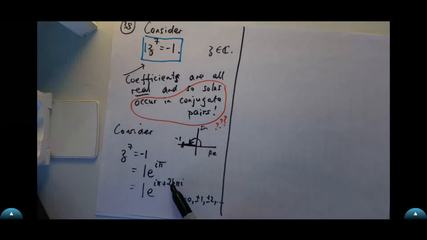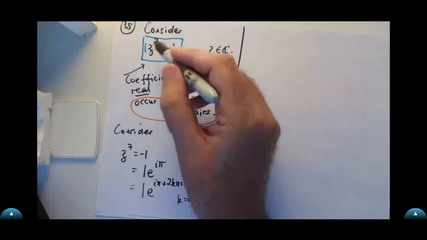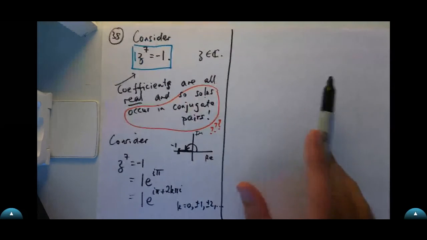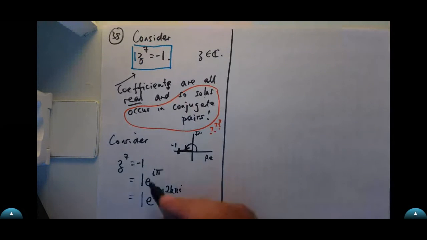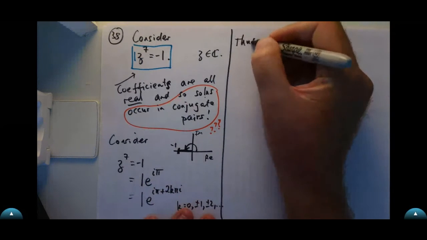And it means I can actually generate all the solutions that I need, right? So I'm looking for seven solutions because it's a power 7.